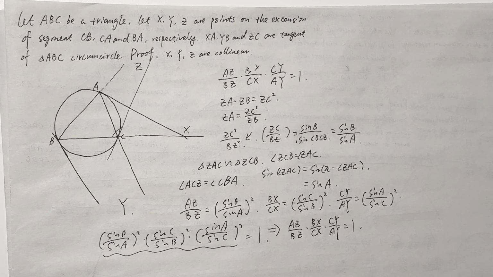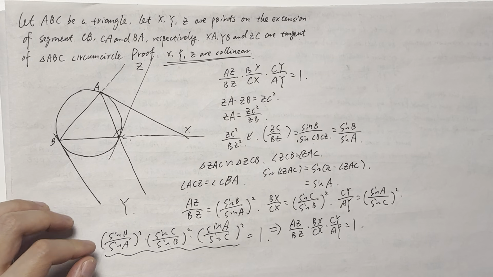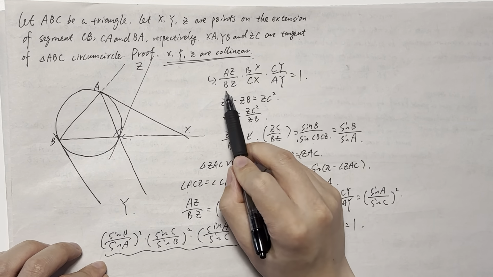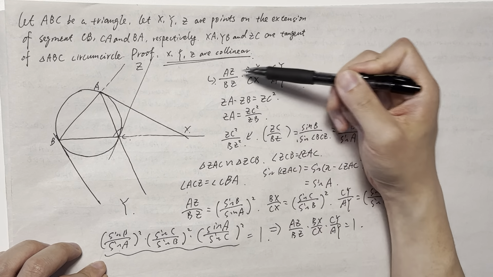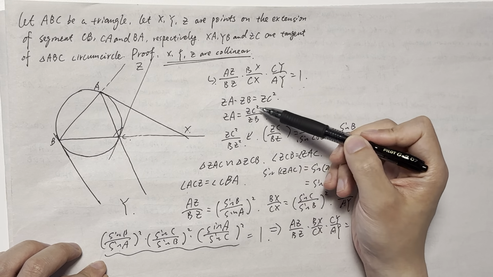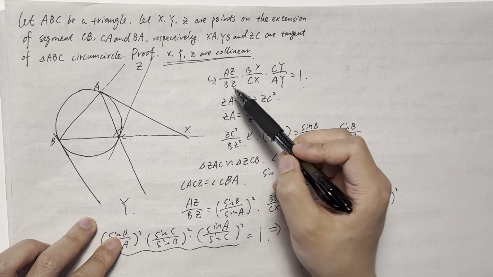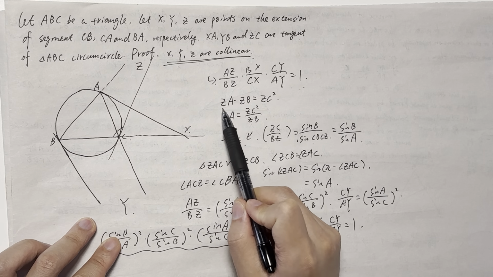This problem is not very difficult. First, we need to relate the conclusion that X, Y, Z are collinear to the Menelaus theorem. From the Menelaus theorem, we know that we want to prove this equation, and then we look at each term. For each term, the only relation we can get from AZ and BZ is ZC squared equals ZA times ZB.